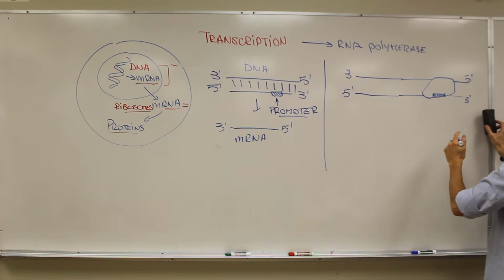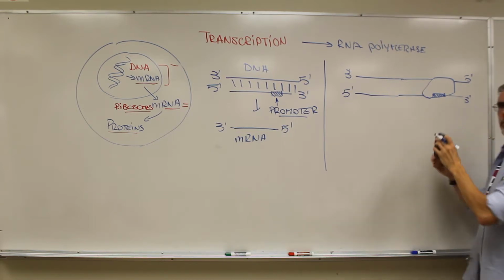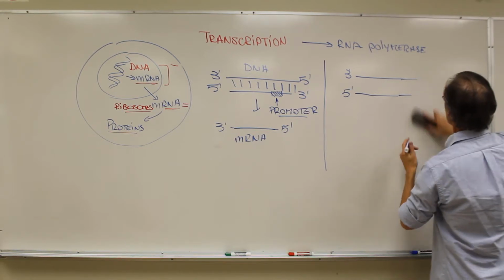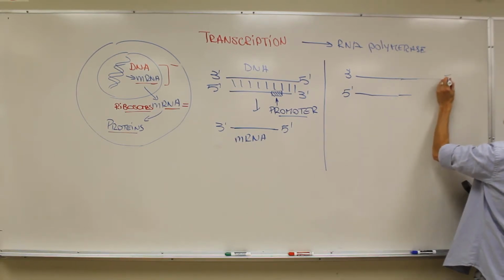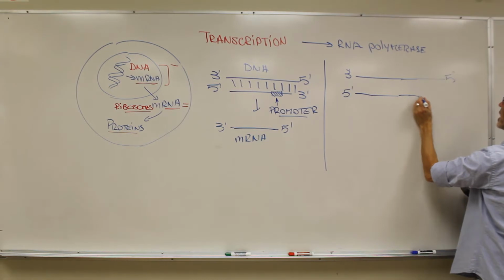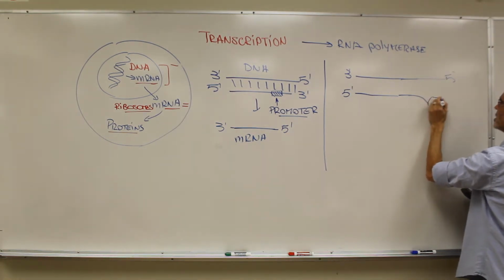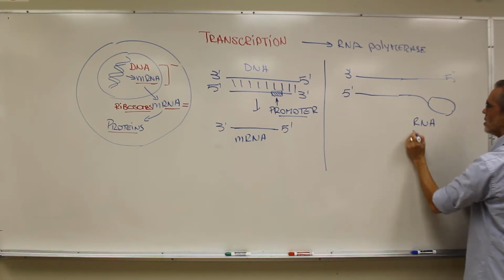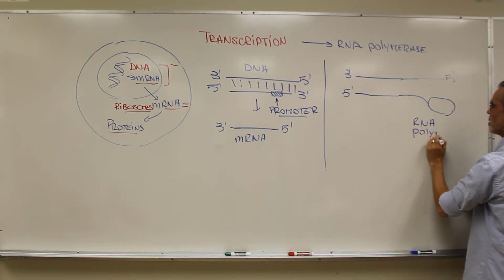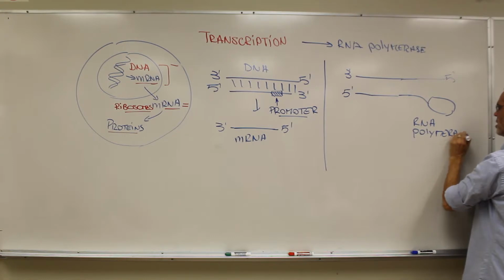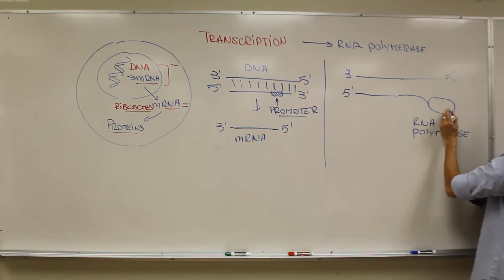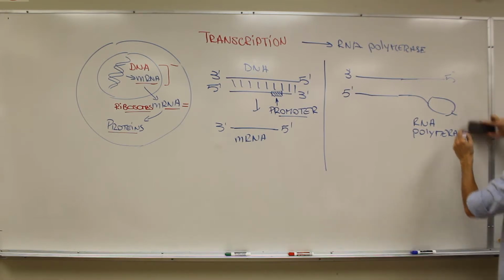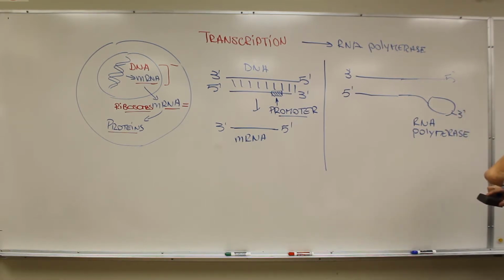And then what it's going to do is melt this DNA, so basically open it up, okay? So again, 5' right here. Then we're going to have the enzyme RNA polymerase interacting with that piece of DNA right here.